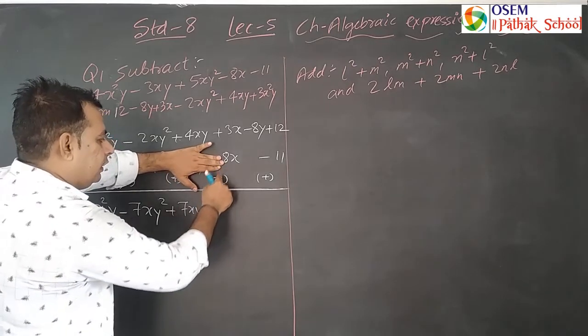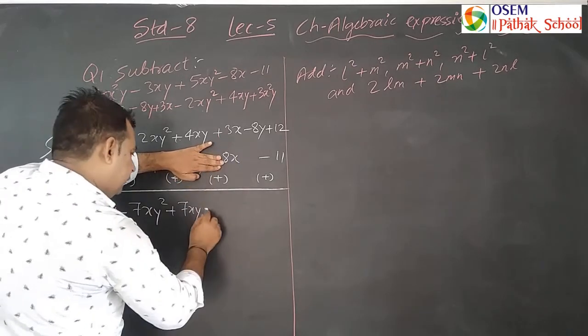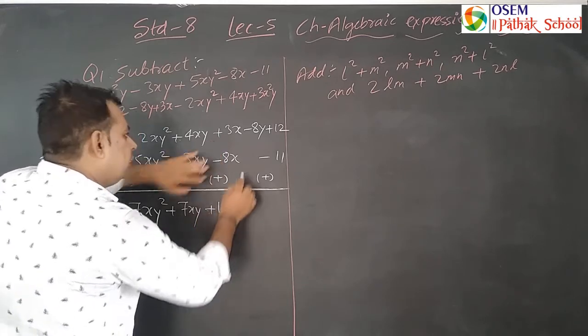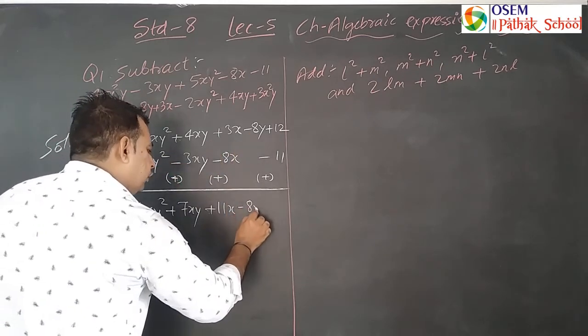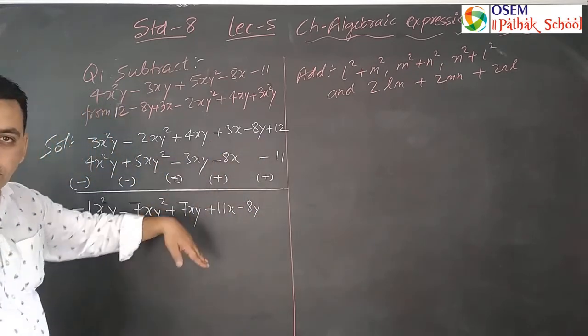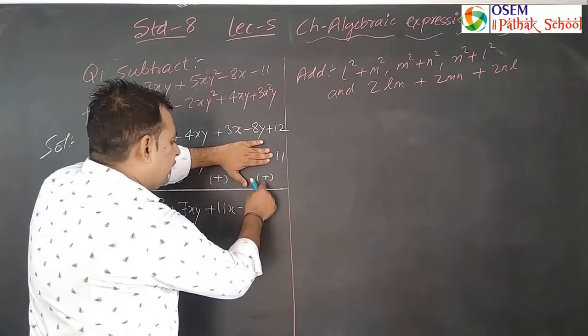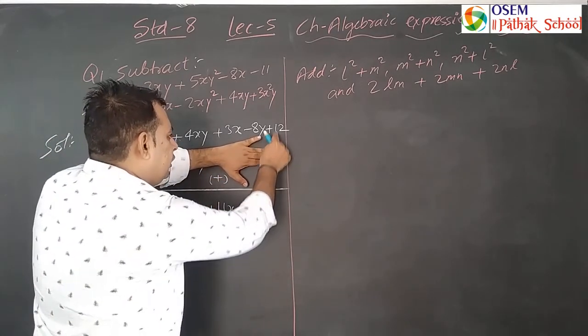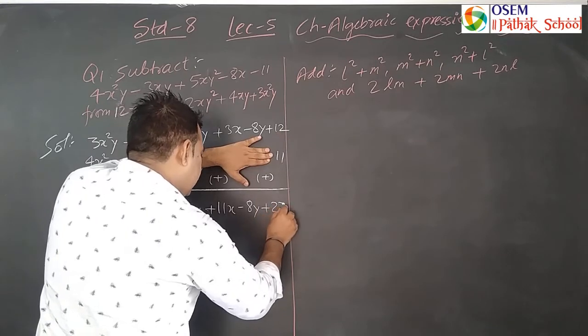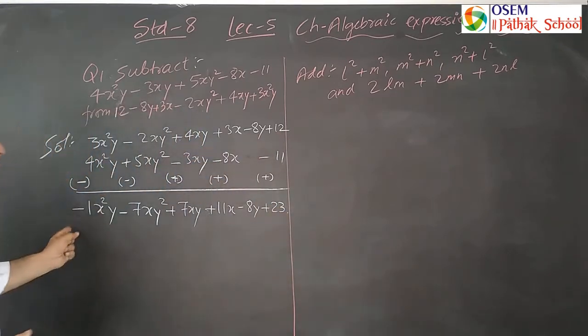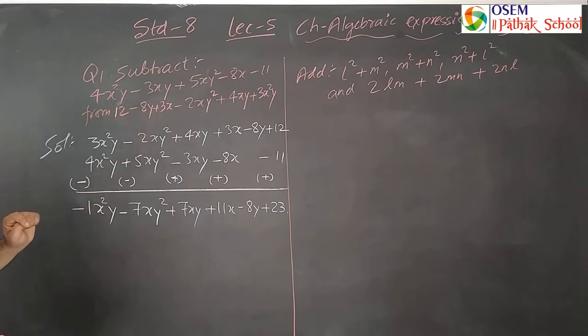This is a plus sign. 8 plus 3, it will be 11x. It will be the same because there is no y factor in the bottom part. And now the new sign of 11 is plus. Plus 11 and plus 12 is 23. So this is the answer we obtain when we subtract the two expressions.